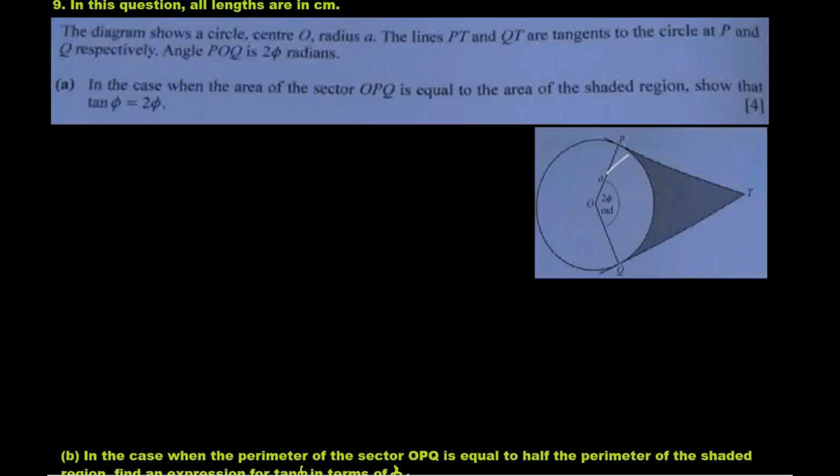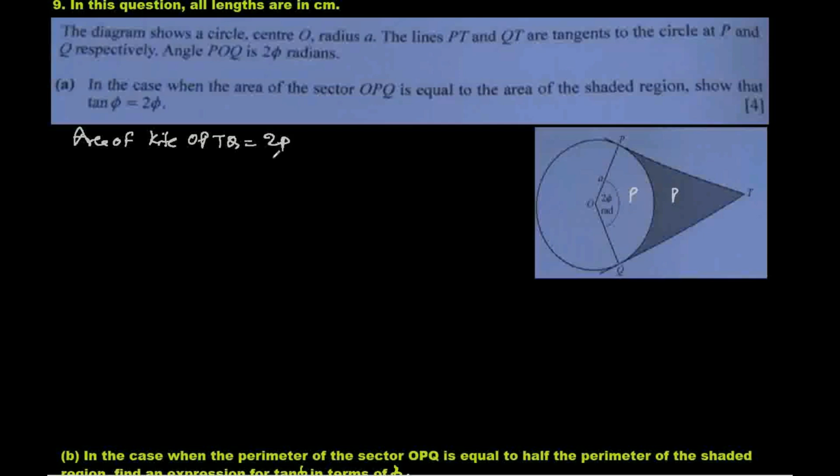Since these two are equal areas, if I call this area P, and this will be area P, that means that the area of kite OPTQ will be 2P, isn't it? Because both of them are part of the kite, right?